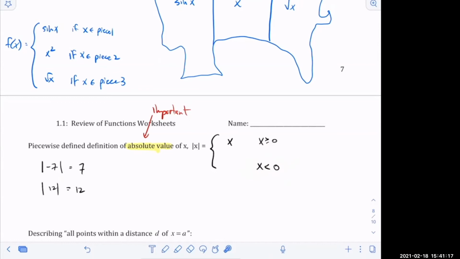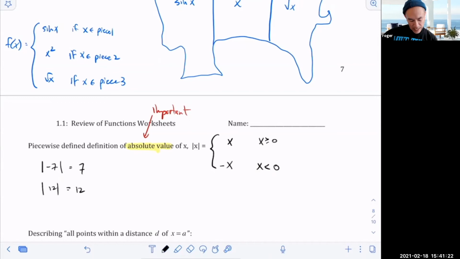Multiply by negative. Correct. So instead of writing x, we're going to multiply x by a negative. And that's going to be our piecewise defined function. Does that make sense? So when you think of absolute value, I know you think of it as make the number positive. But we're going to think of it as a piecewise defined function as well.